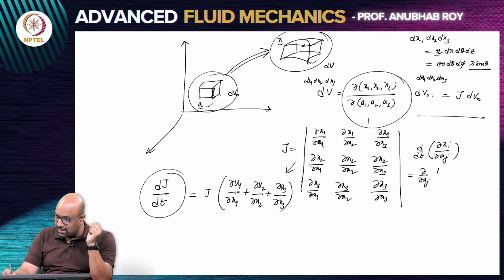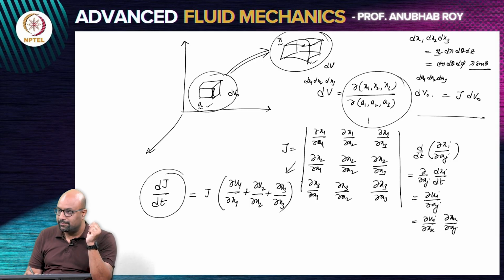So I have dxi/dt, which becomes ∂ui/∂aj, and ∂ui/∂aj I can write as ∂ui/∂xk times ∂xk/∂aj.